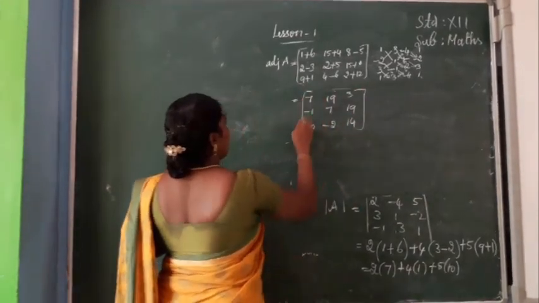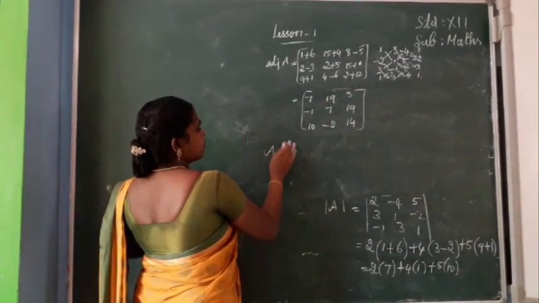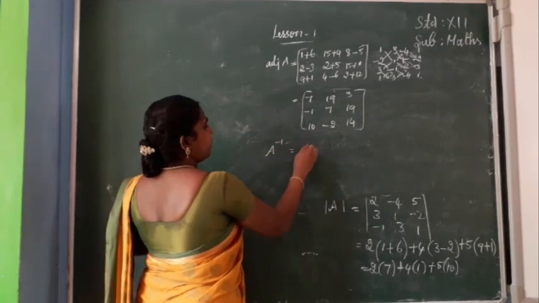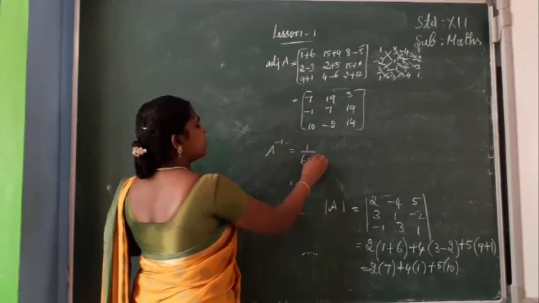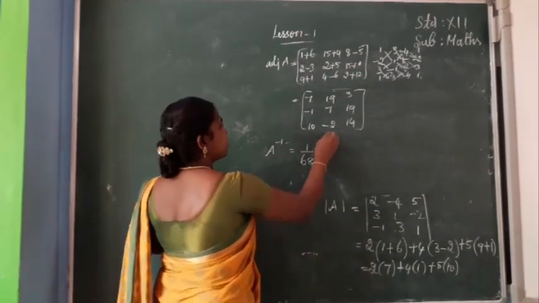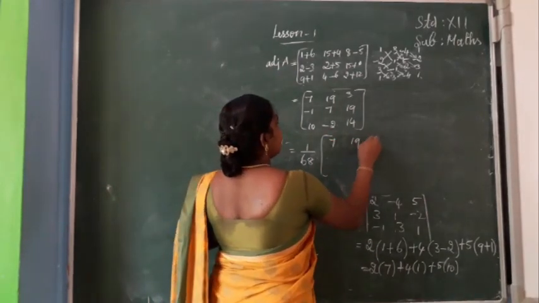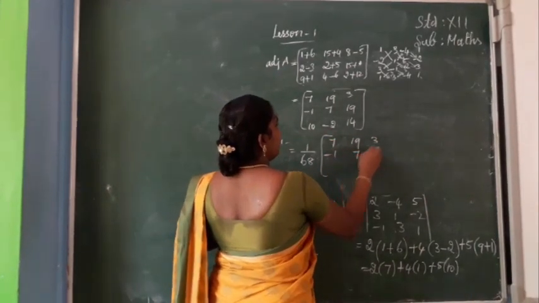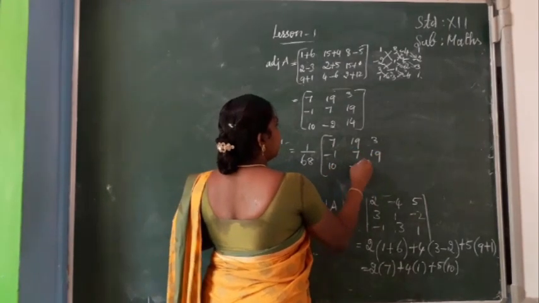So this is the adjoint. Next A inverse equal to 1 by determinant A. Determinant A value is 68, and the adjoint is 7, 19, 3; minus 1, 7, 19; 10, minus 2, 14.